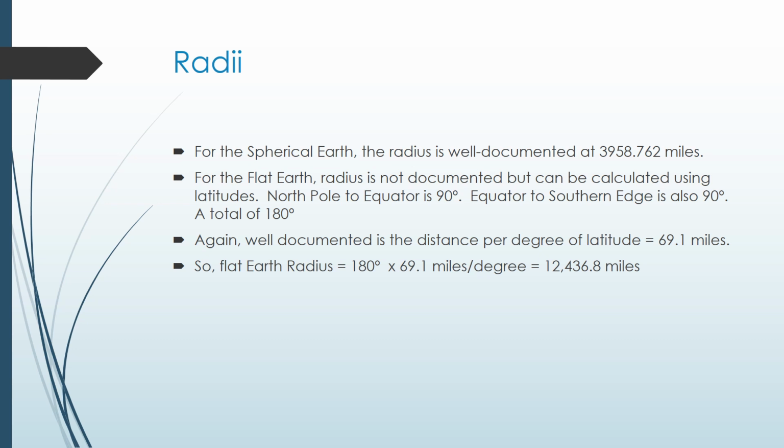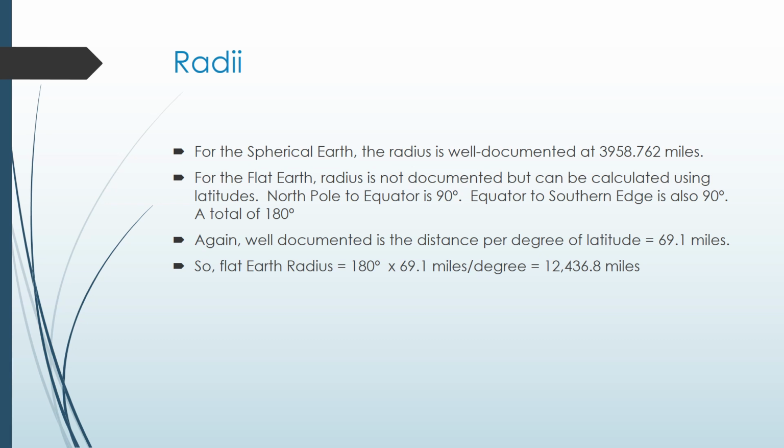So the North Pole to the equator is 90 degrees. The equator to the southern edge is also 90 degrees, for a total of 180 degrees. If we assume that the distance per degree of latitude is 69.1 miles, again, you can look that up anywhere.